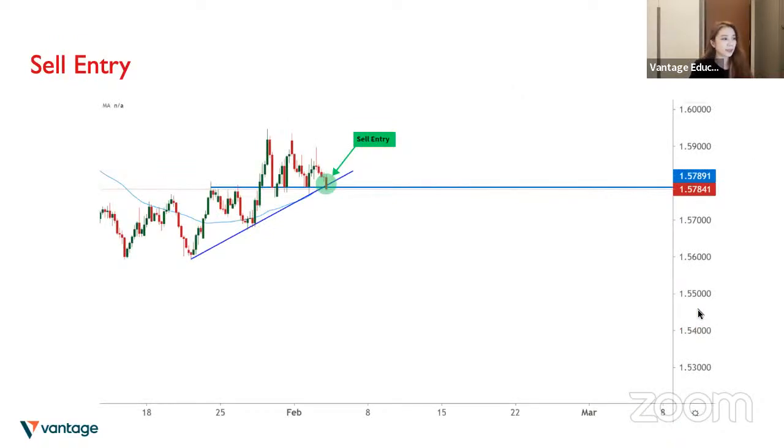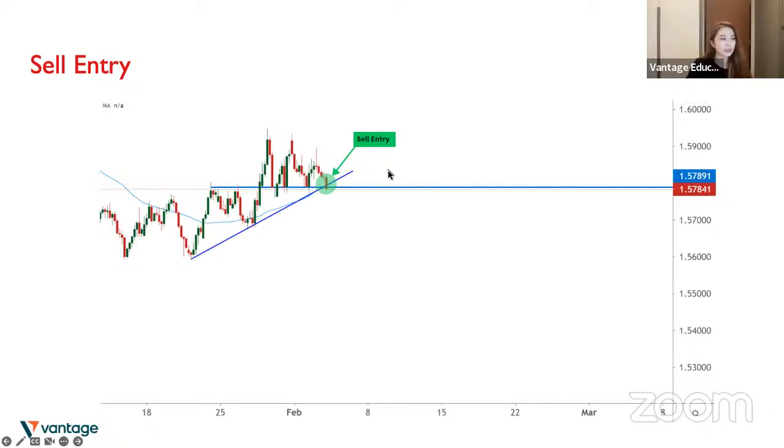Let's look at our sell entry. All right, so in this case, we are looking at an upward moving trend line, the bright blue line over here. And also a moving average: cobalt blue for the trend and light blue for the moving average.